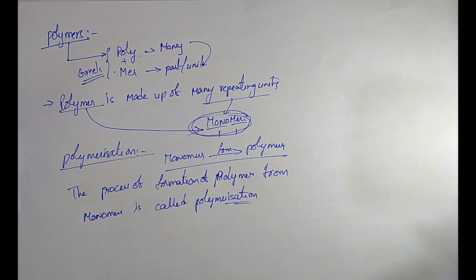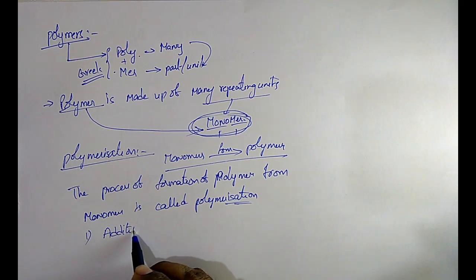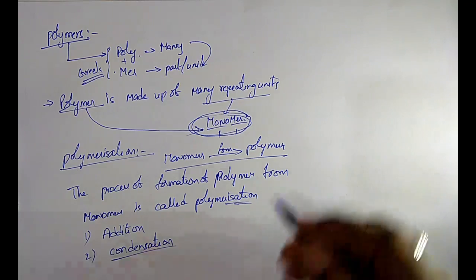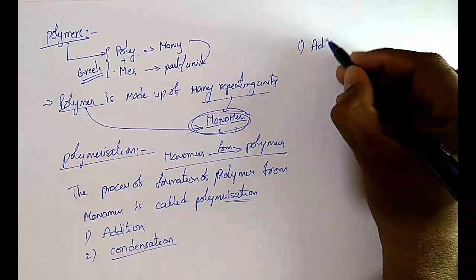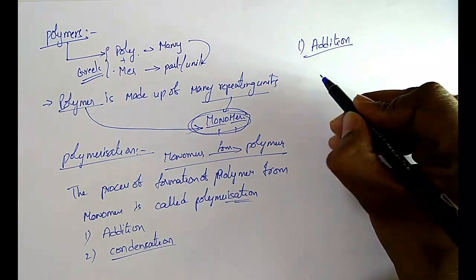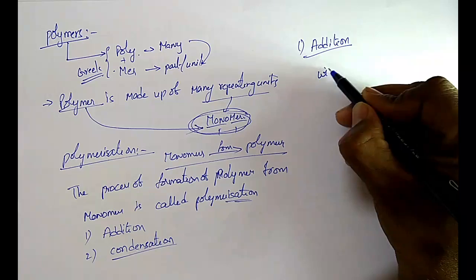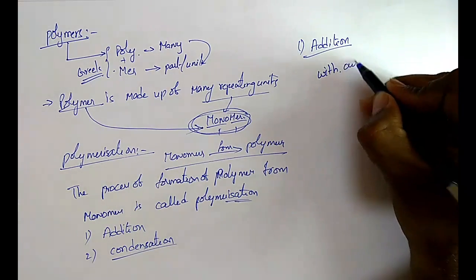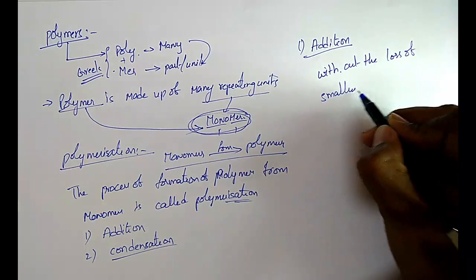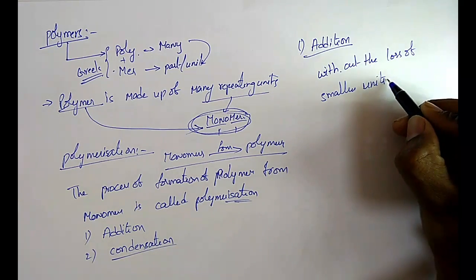This polymerization can occur in two manners. First one, addition polymerization. Second one, condensation polymerization. First, addition polymerization. In this, monomers combine together without the loss of smaller units.